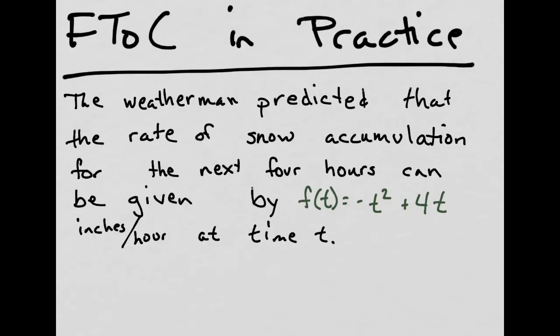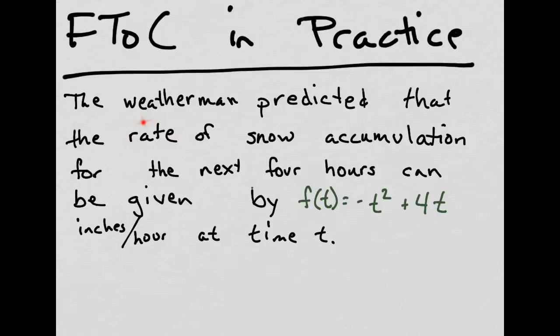So let's look at the Fundamental Theorem of Calculus in practice. The weatherman predicted that the rate of snow accumulation for the next 4 hours can be given by f of t is equal to negative t squared plus 4t inches per hour at time t. So what I want you to notice is this word rate.